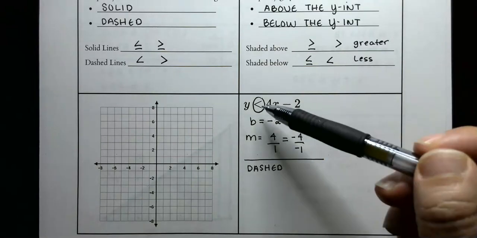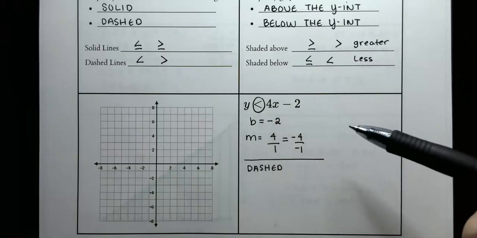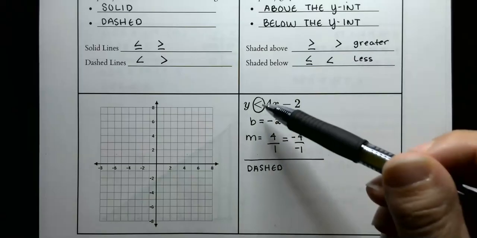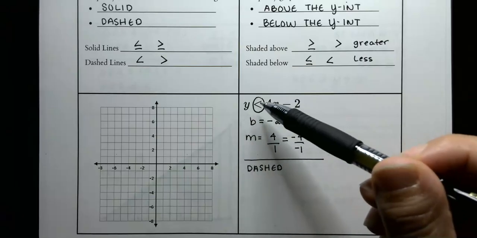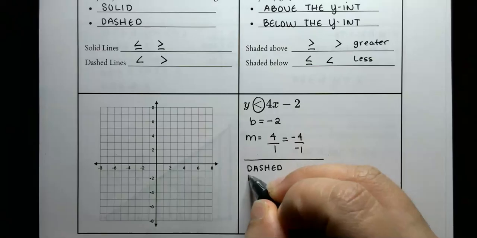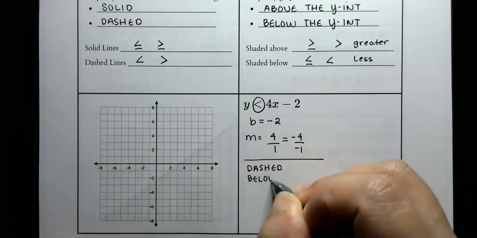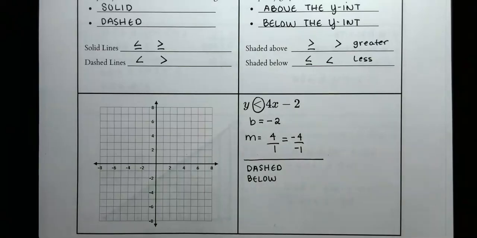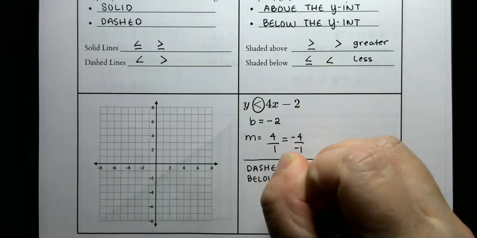And then for this one, we need to know if we're going to shade above or below. Because this is a less than, y is less than, we're going to shade below the y-intercept. And since we already know what the y-intercept is, we're going to say below -2.